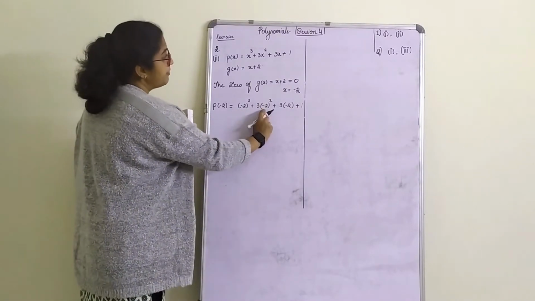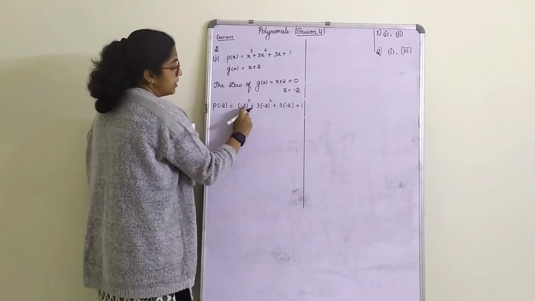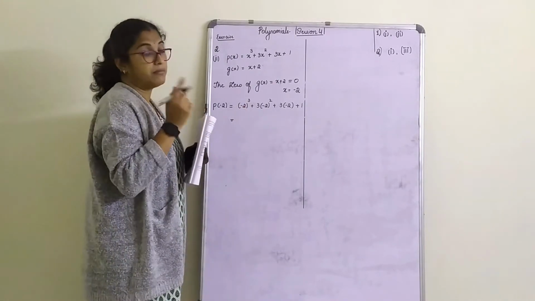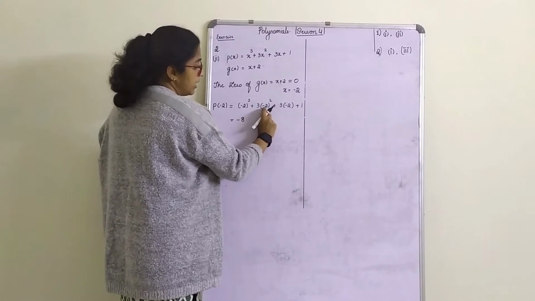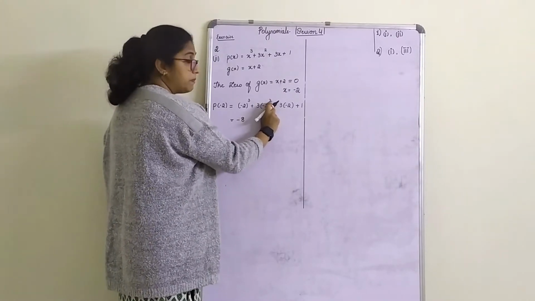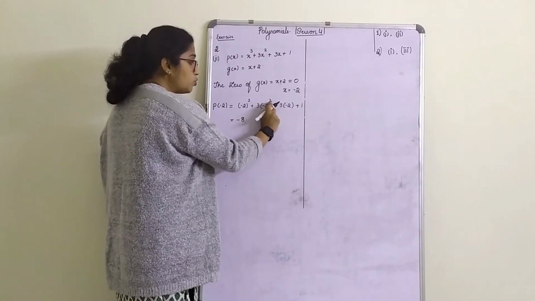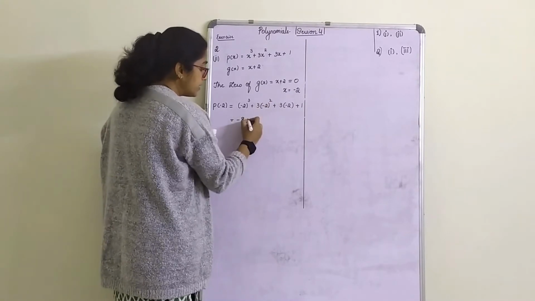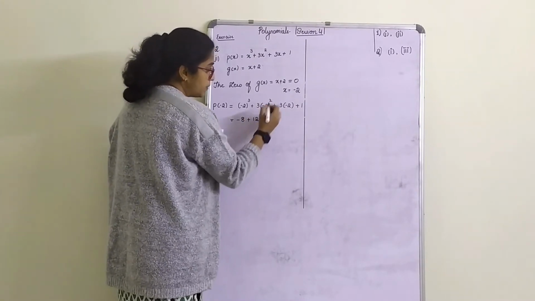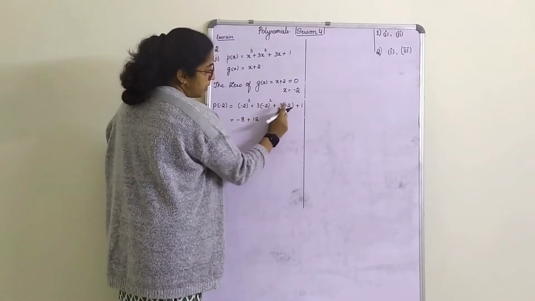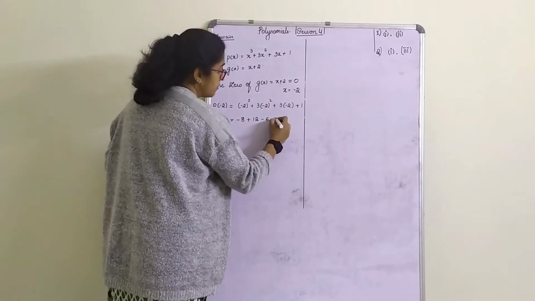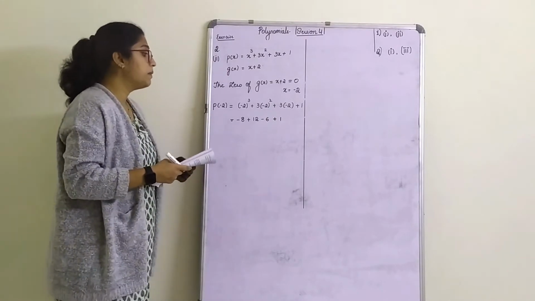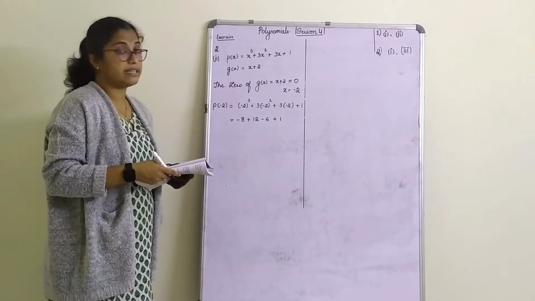Minus 2, everywhere we have substituted. 2 cube is 8; a negative number raised to an odd power, the answer is minus. A negative number raised to an even power, the answer is plus. So 2 square is 4, 4 threes is 12. 3 into minus 2 is minus 6 plus 1. Minus 8 plus 12 minus 6 plus 1.